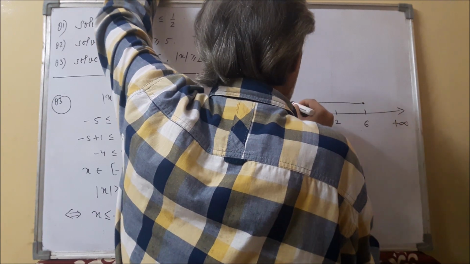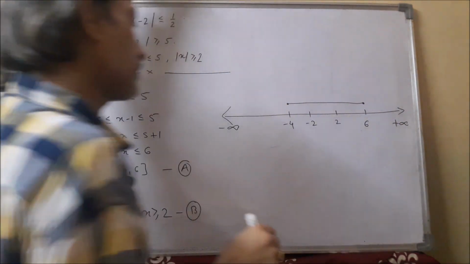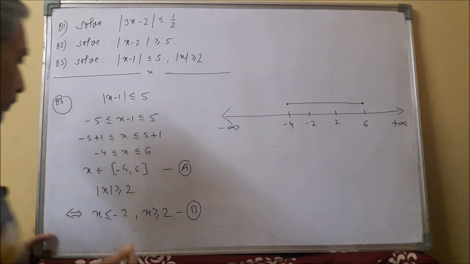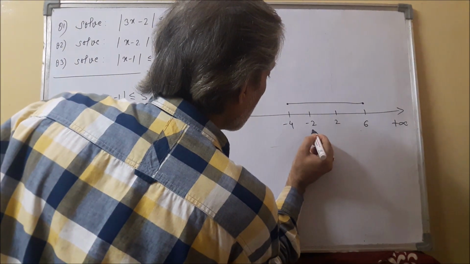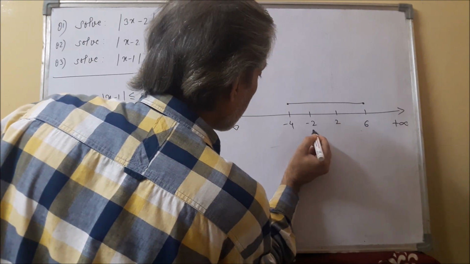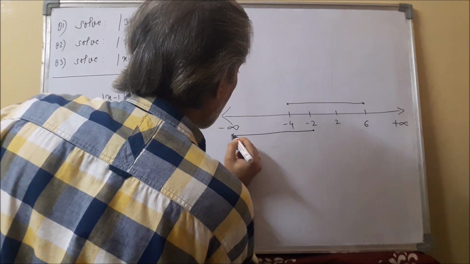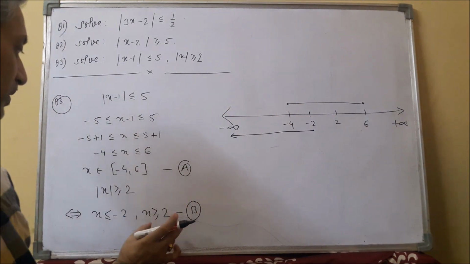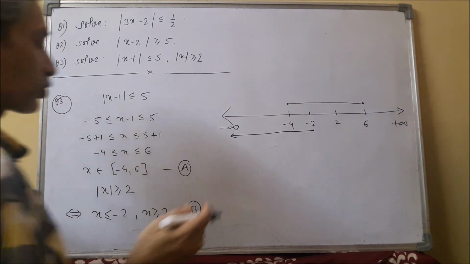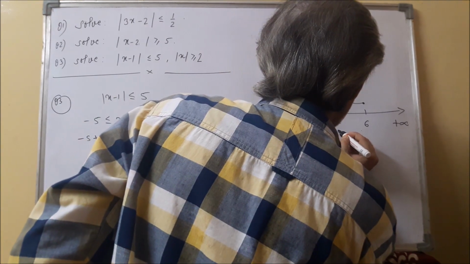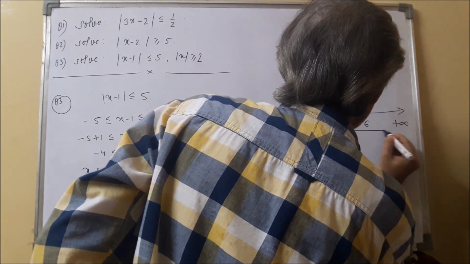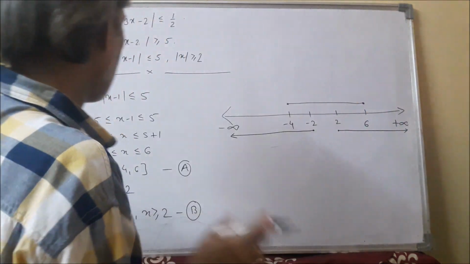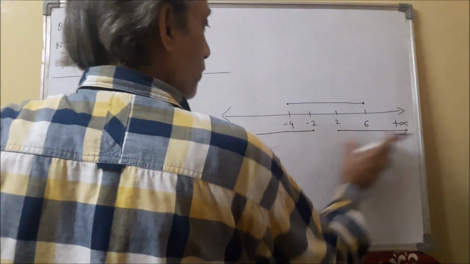I have put a dark mark here, meaning that minus 4 and 6 are included. Now look at this. X should be less than or equal to minus 2. Minus 2 is included here. All the values less than minus 2, and or x should be more than or equal to 2. 2 is included. A says this is the solution. B says this is the solution.